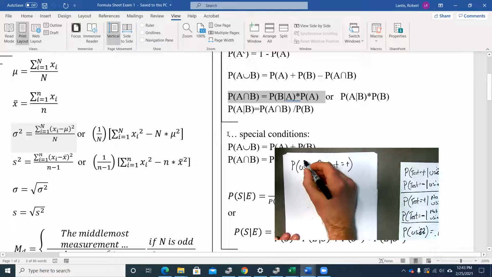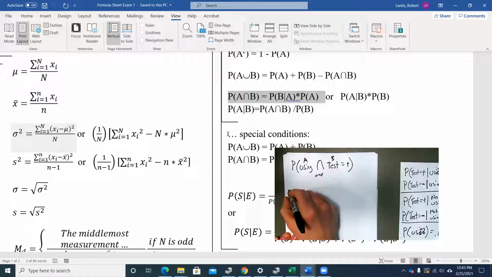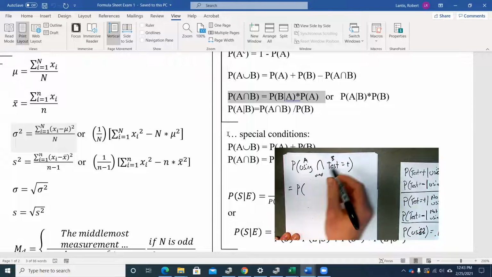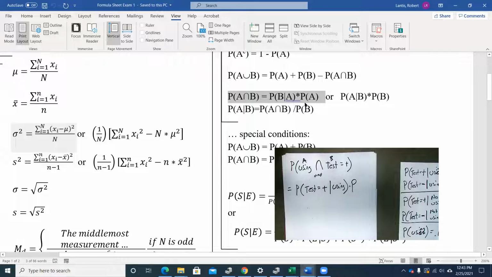So here we can think about is my A, here's my event B, okay? So the intersection should be equal to the probability of B given A, so the probability that the test comes back positive, given that they're using, and then multiply by the probability of A, or the probability of what I'm conditioning on here, right? Notice the probability of what I'm conditioning on is A, so the probability that they're using.